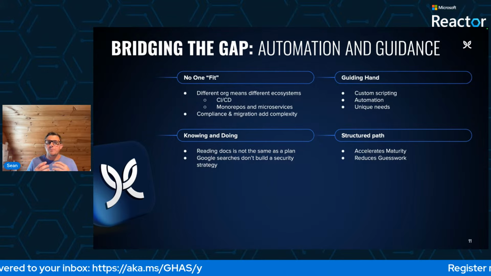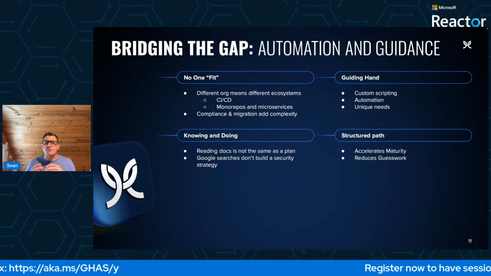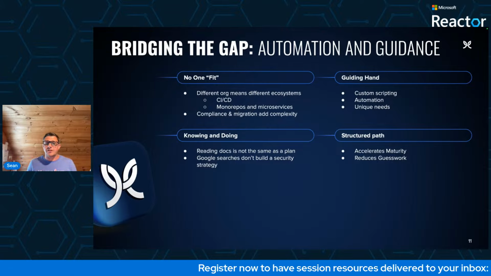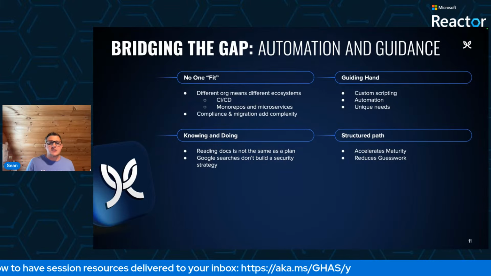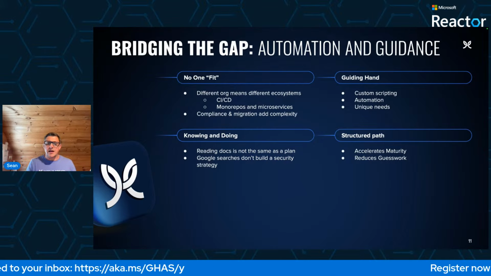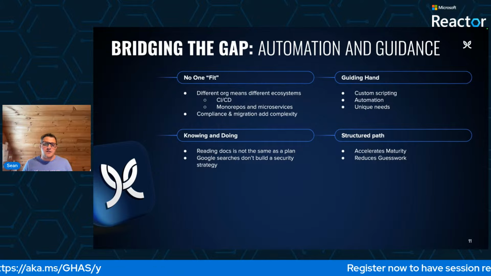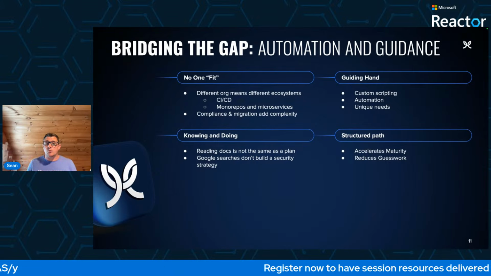Our role is to bridge the gap between documentation and real-world adoption by pairing open source scripting and automation with a guiding hand in a way that fits your unique ecosystem, whether you're running monorepos, managing microservices, or navigating compliance-heavy industries. Our approach removes the trial and error that often slows adoption, replacing it with a structured, proven path to maturity.